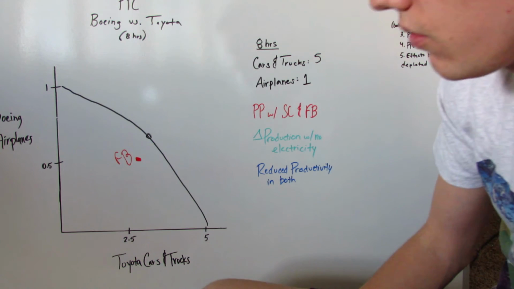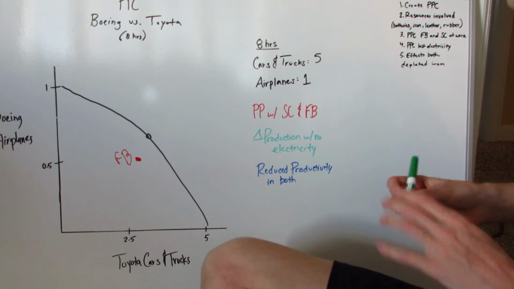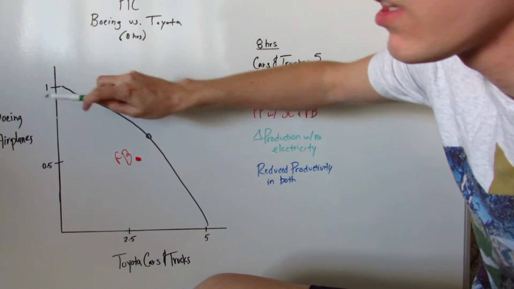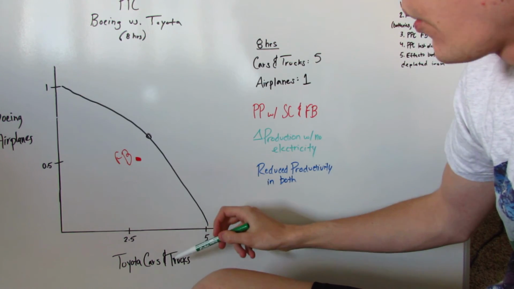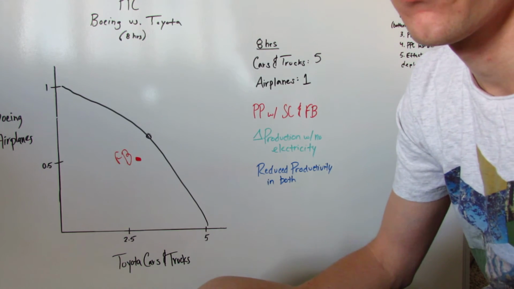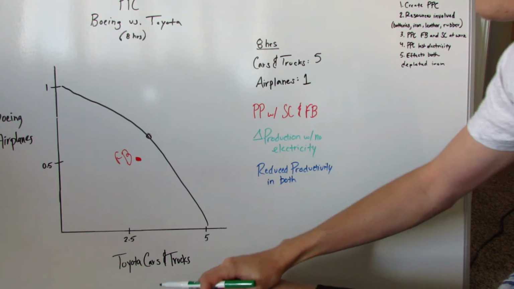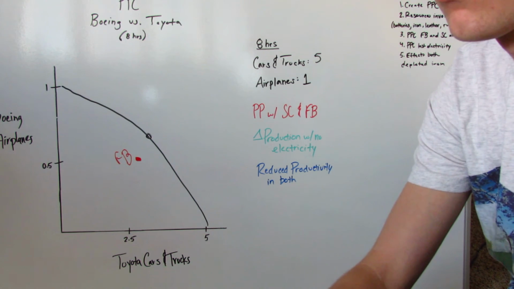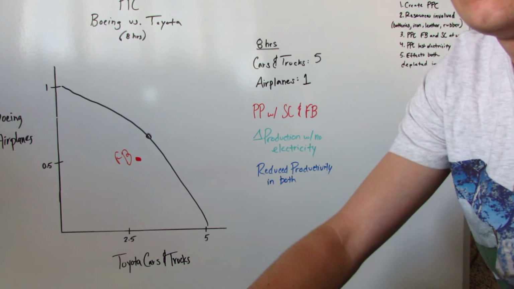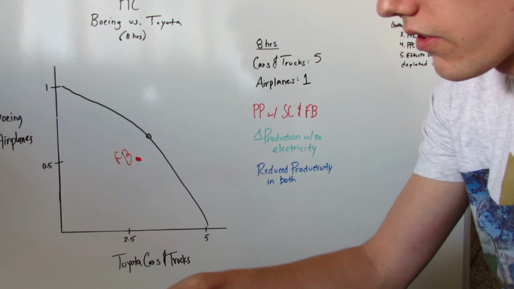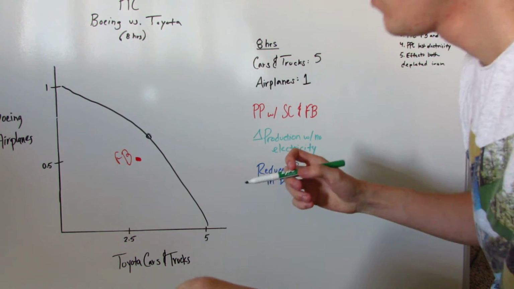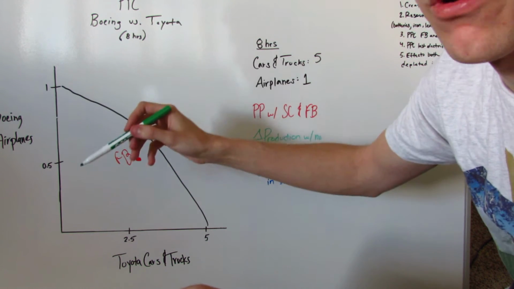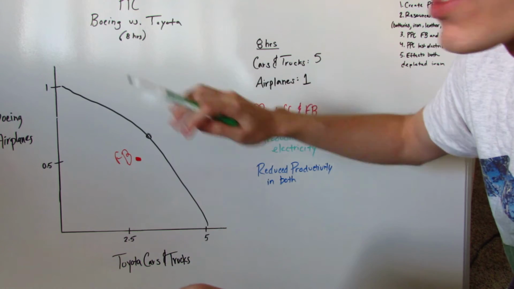The next scenario we have is a change in production with an electricity outage. If we lose electricity, that's going to affect both the production possibilities of Boeing airplanes and Toyota cars and trucks. The reason is that both of these require electric machines, large assembly plants, in order to move a lot of the parts, and then they require people to come in afterward. If we lose this for 3 hours, then that's essentially 3 hours of nothing working.